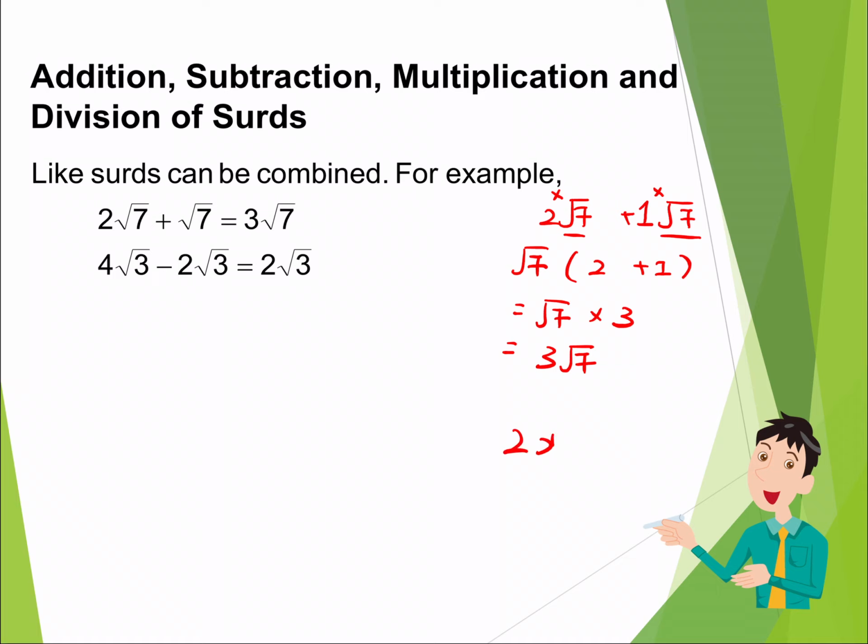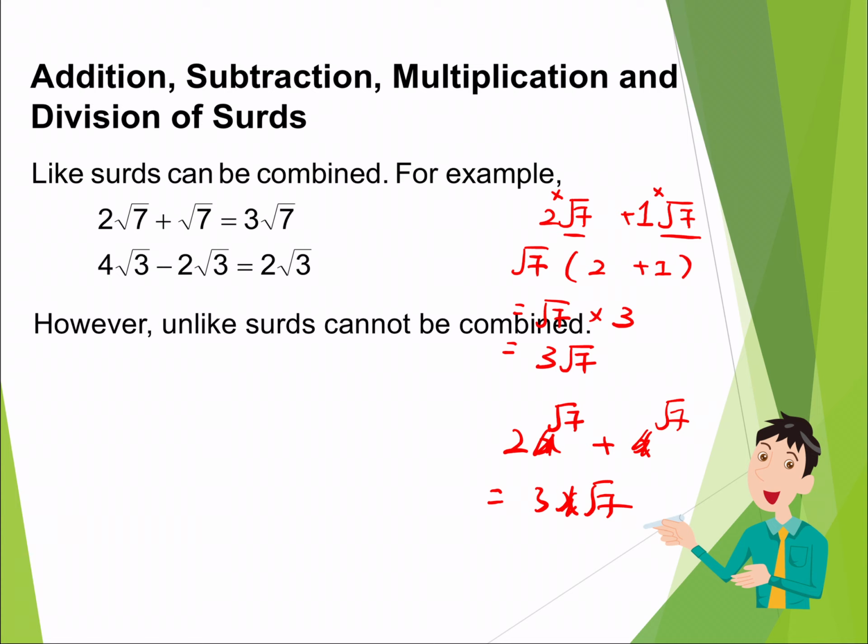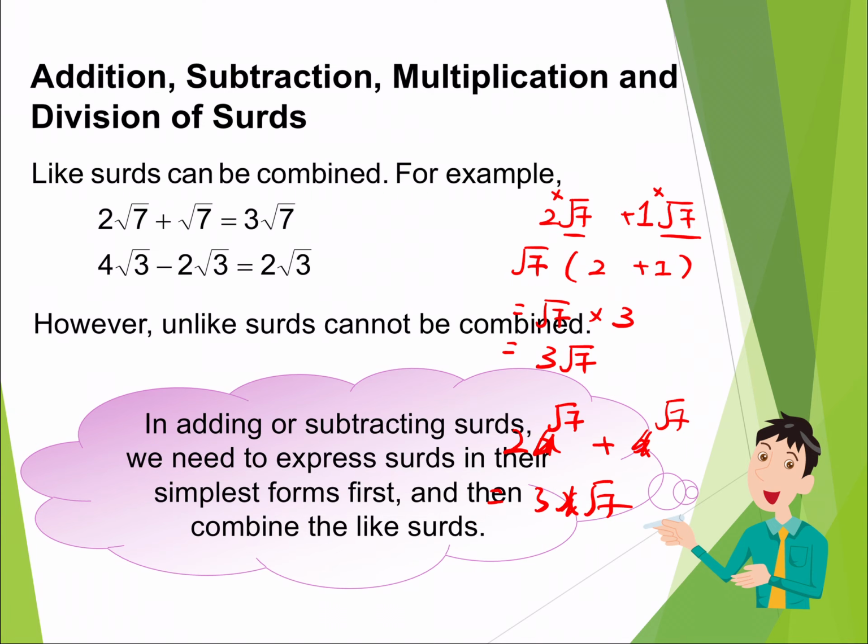Just like what we did in this one, it equals 3, but this time it has square root 7. But the unlike surds cannot be combined. For example, if we have square root 2 times square root 3 plus 3 square root 7, these are unlike surds, so we cannot combine.